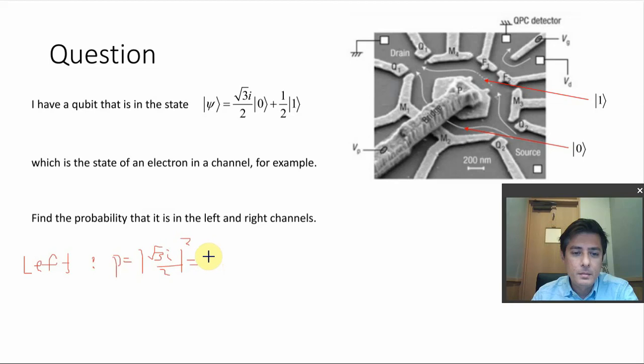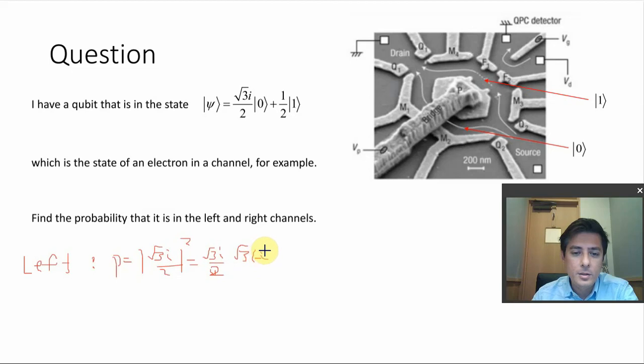So actually, there is a simple way to work this out. If there are any factors of i, you can always forget about it in this absolute value squared, because what happens is that you multiply it by its complex conjugate. Whoops, so this is 2 rather. So this is root 3 i over 2 times root 3 of minus i over 2.